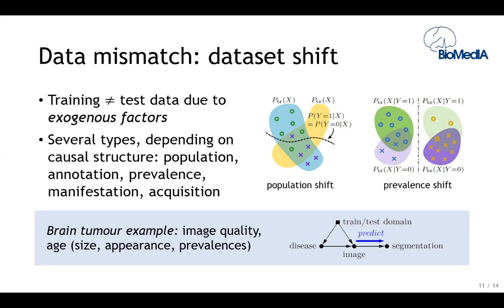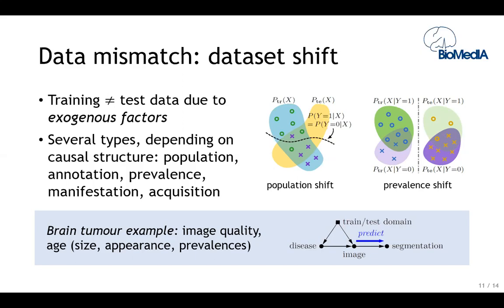And depending on the causal structure, and we're going to see a bit more about it later, we can identify several different types of dataset shift with different properties and different potential solutions. And some of them are even still open problems, we don't know exactly how we could fix them.